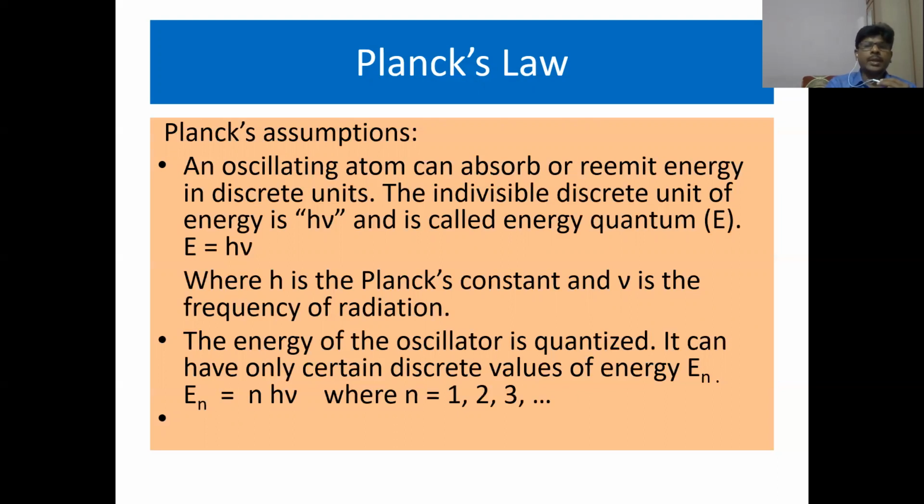So what do you get? E1 is equal to 1 h nu. Likewise, when n is equal to 2, we get E2 is equal to 2 h nu. So and so forth, you'll be getting the value of E3, E4, E5. So it means that energy values are not continuous, but they are discrete.